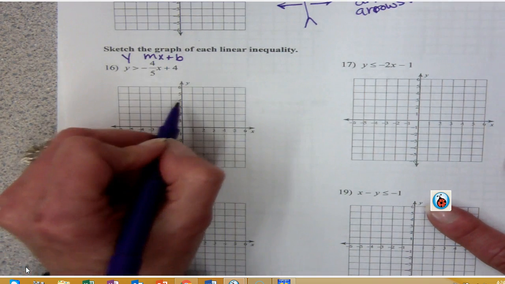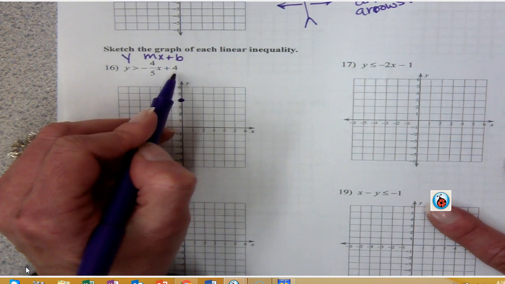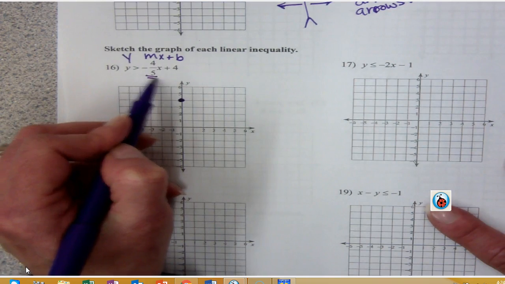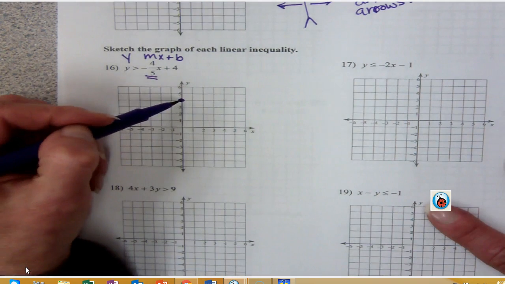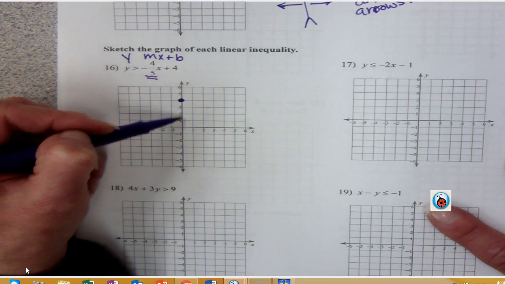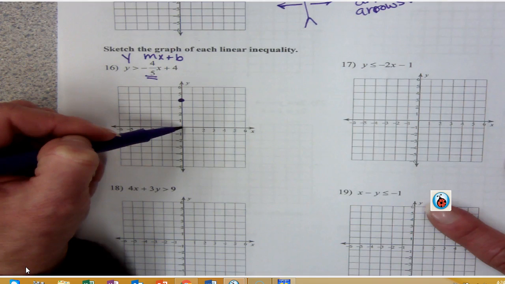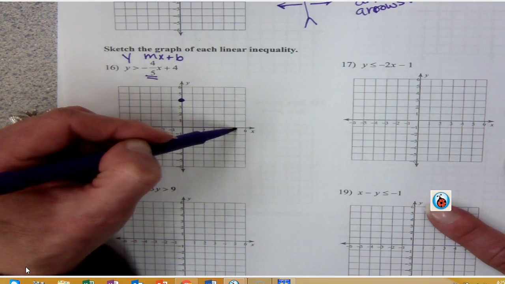So we're going to go up to our y-intercept, plot that point, which is at 4. The slope is negative, so one of those numbers has to be negative and the other one has to be positive. So I'm going to go down 4, 1, 2, 3, 4, that's negative, and then I'm going to go to the right 5, because that'll be positive. 1, 2, 3, 4, 5.